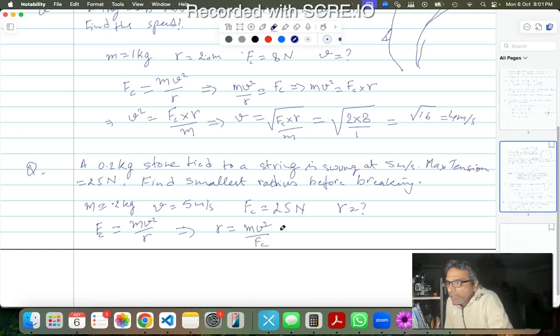Now we put the values. R equals 0.2 times 5 square over 25. 25 cancels 25, which gives us 0.2 meter.